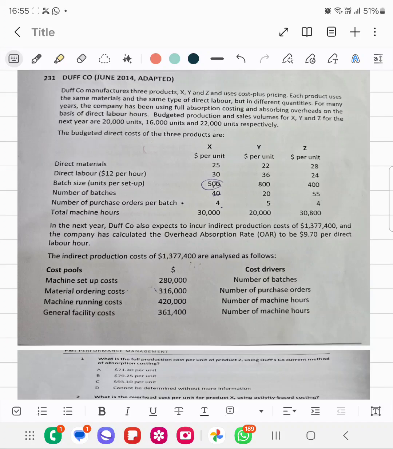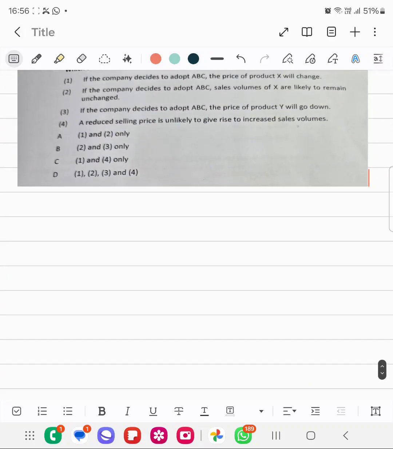In the full production cost of product Z, we'll have to add the direct material and direct labor as well, and then we will assess how many labor hours are actually being taken by product Z, on the basis of which the production overheads will be calculated, absorbed as per the traditional absorption rate on the basis of labor hours utilized. So let me just calculate.